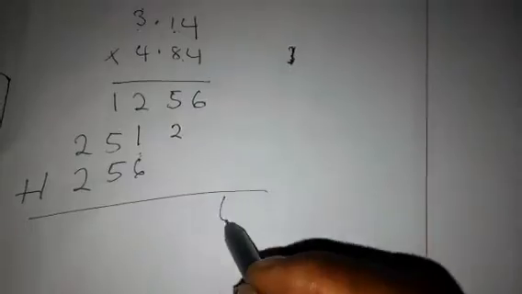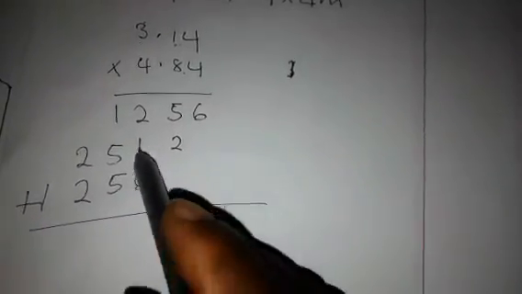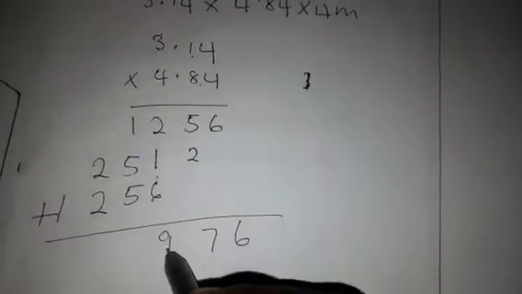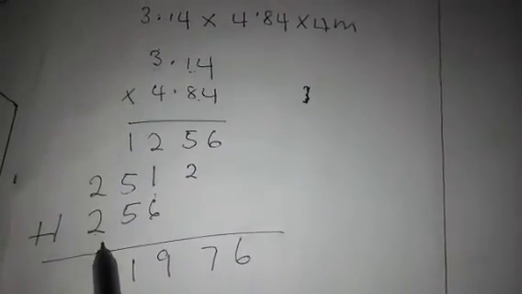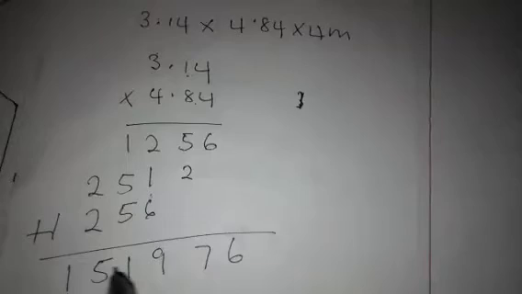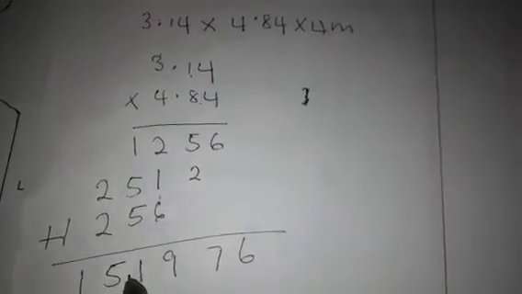Here will give you 6, here will give you 7, here will give you 2 plus 1, 3, which gives you 9. This will give you 11. You write 1, remainder 1. This will give you 5, then here will give you 1. And if you check, you have 4 decimal places. You count 1, 2, 3, 4. So we are going to have 15.1976.